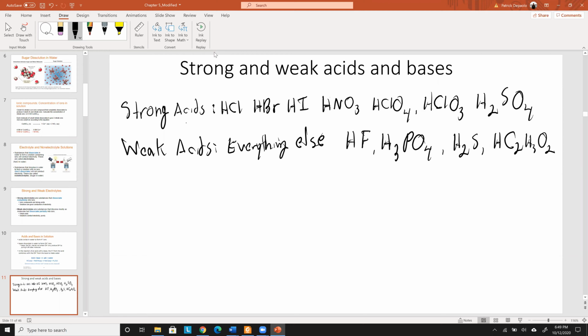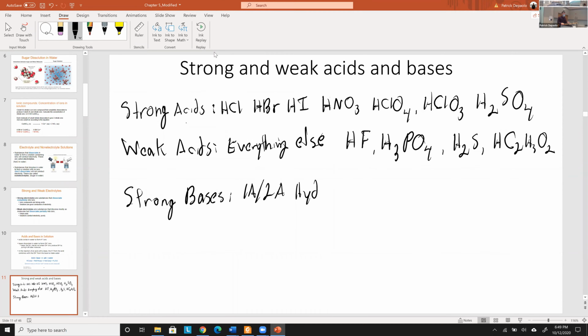Okay, then you have strong bases. There's no cool saying for strong bases, unfortunately. And this is written in textbooks that it's the group 1A, 2A hydroxides, for the most part, the ones that are soluble. Some of them are not the most soluble, such as magnesium hydroxide and calcium hydroxide.